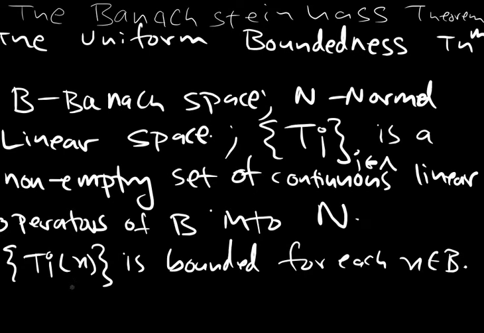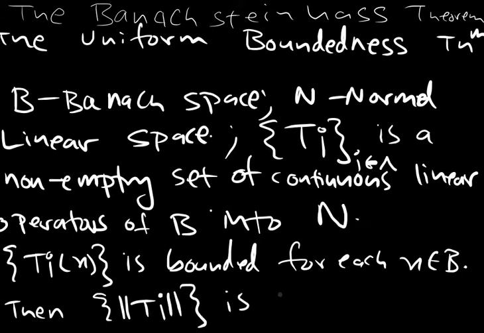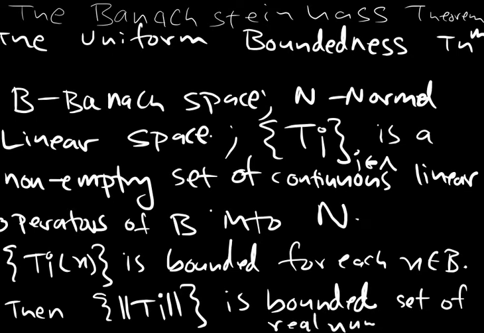Then the claim is that if this happens, then if you look at the operators Ti in the norm, the set of norms of Ti is a bounded set of real numbers.